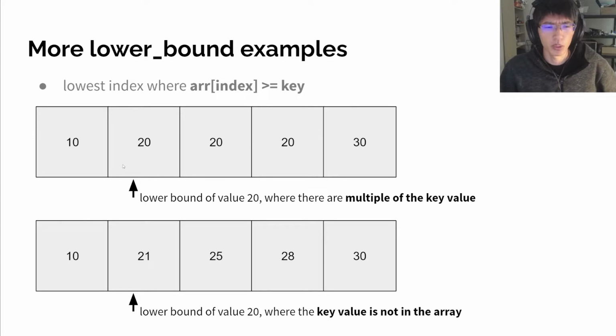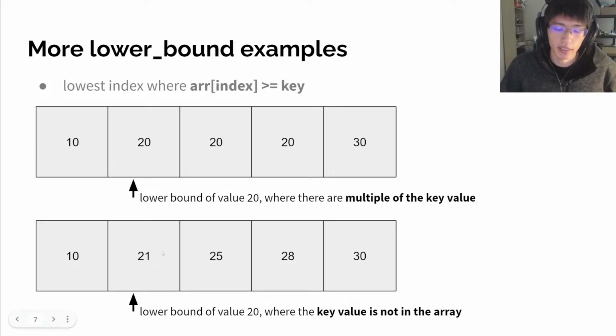If you remember the first algorithm that we checked, the middle value, let's say you look for 20 first in this index and index 2, then it would return 2. Instead, the lower bound is going to get the lowest one, so you get extra information. Let's say the value is not in the array.